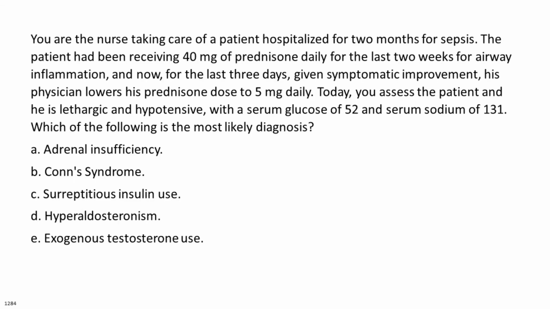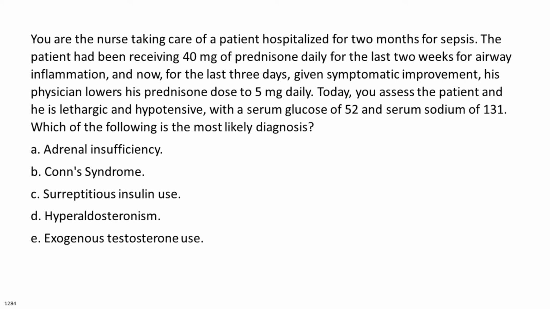You are the nurse taking care of a patient hospitalized for 2 months for sepsis. The patient had been receiving 40 mg of prednisone daily for the last 2 weeks for airway inflammation, and now, for the last 3 days, given symptomatic improvement, his physician lowers his prednisone dose to 5 mg daily.